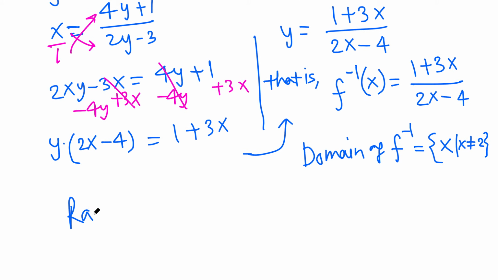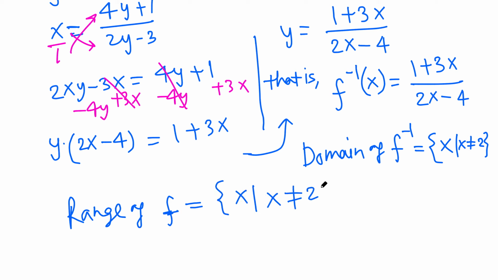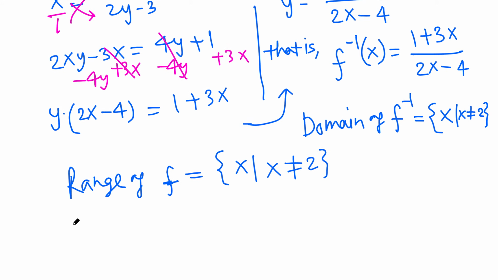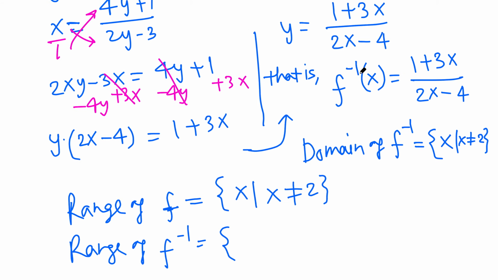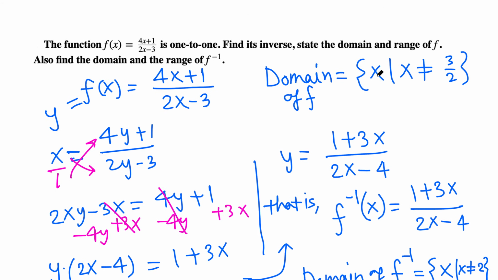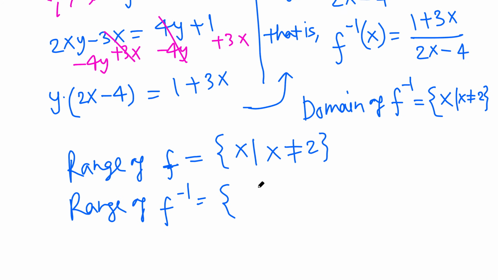So the range of the given function is the same as the domain of the inverse. And the range of f inverse is in fact the domain of f that we found earlier. Domain of f, all reals where x is not equal to 3/2.